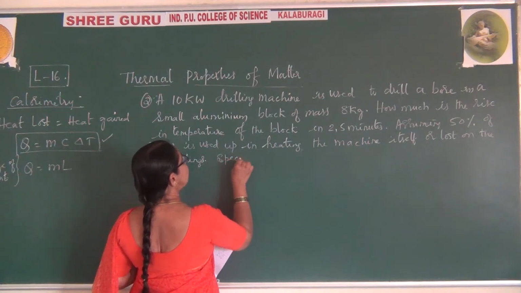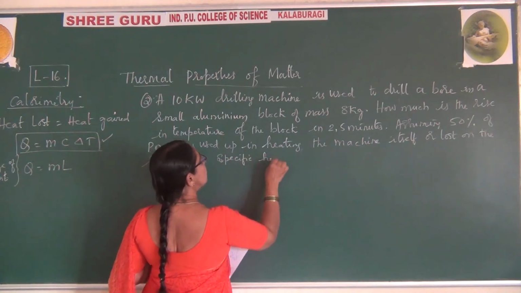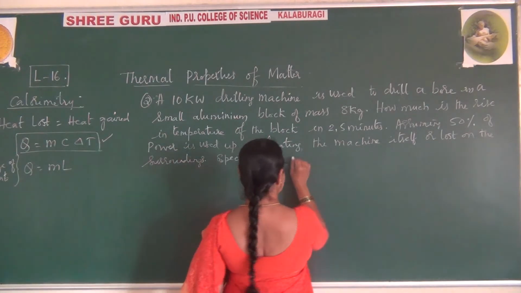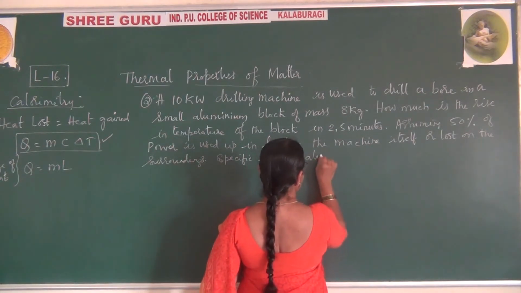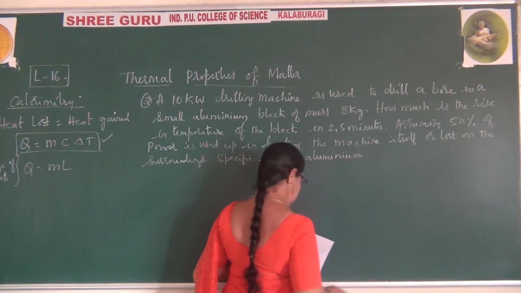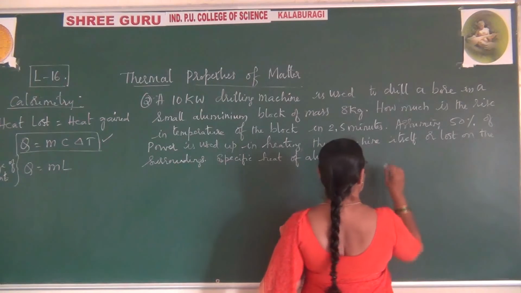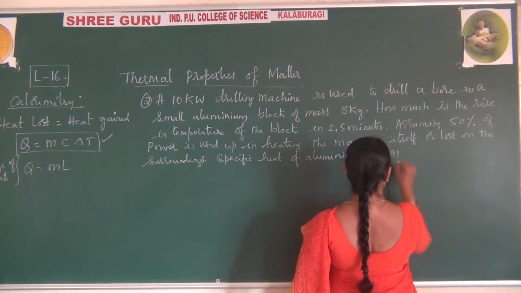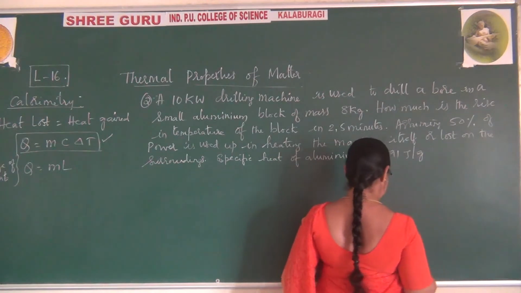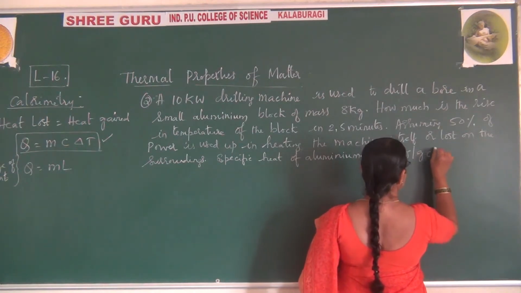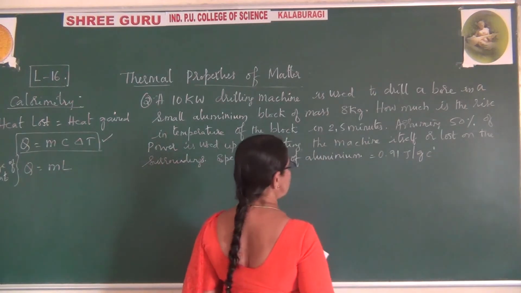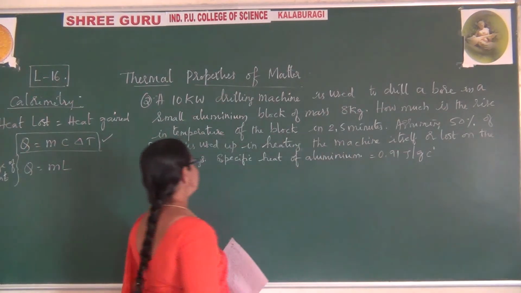Specific heat of aluminium is 0.91 joules per gram per degree centigrade. So this is the question they have given here.